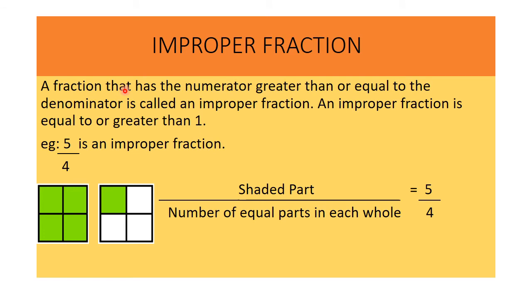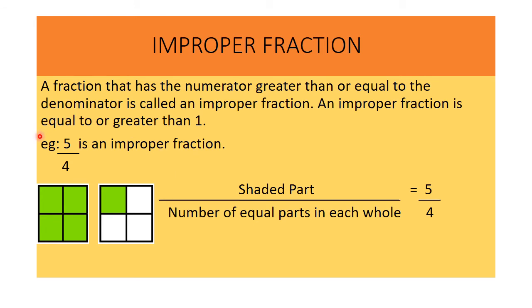As I told you, for a fraction to be an improper fraction, its numerator should be either greater than or equal to the denominator. I have shown this by an example, which is 5 by 4. Here, children, we can see that 5 is a numerator which is greater than the denominator, which is 4. So this is an example of an improper fraction.